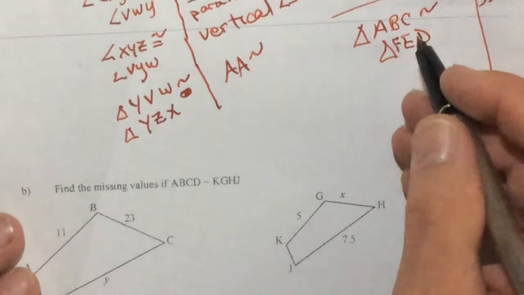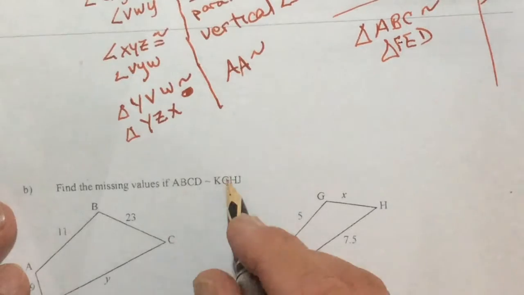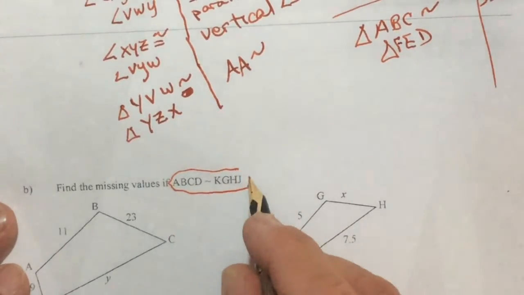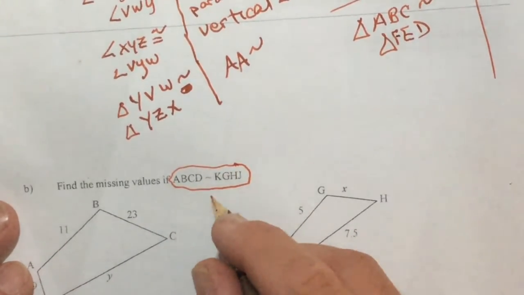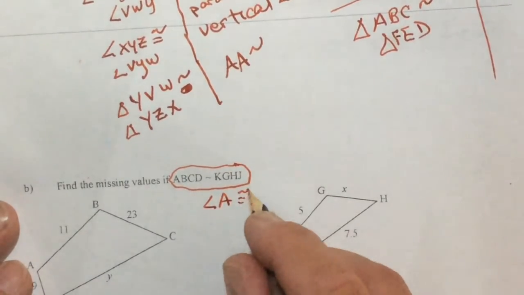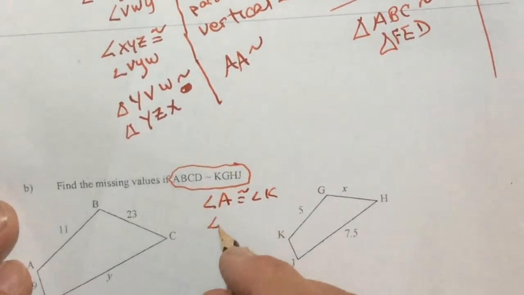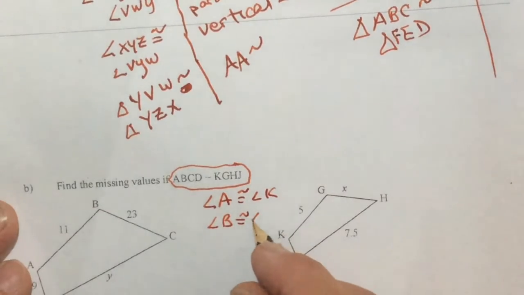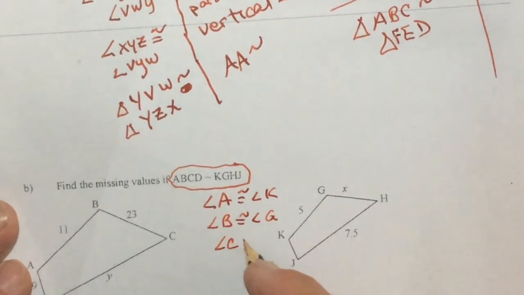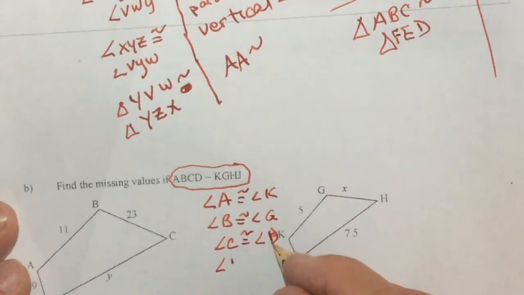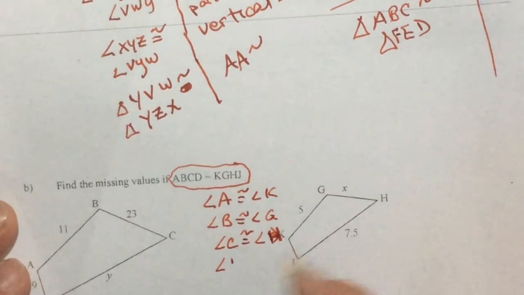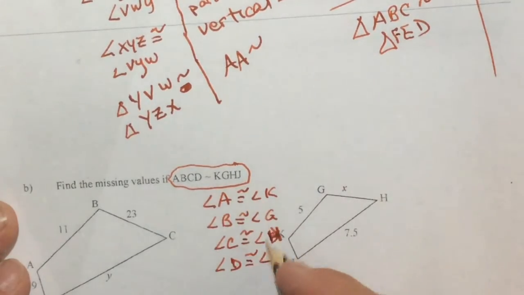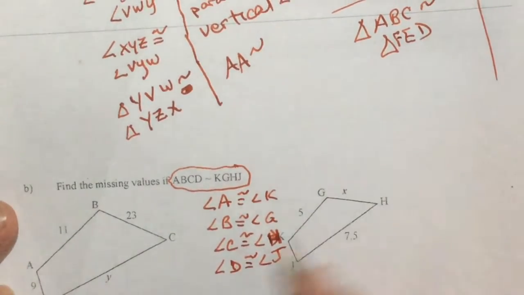Now, the care that I took just now, making sure that this was right, comes in handy here. This is why you have to make sure it's right. When I look at this statement, I can see angle A is congruent to angle K. Angle B is congruent to angle G. Angle C is congruent to angle H. There we go. And angle D is congruent to angle J. Are we looking for angles here? Oh, we're not even looking for any angles, so that's okay.